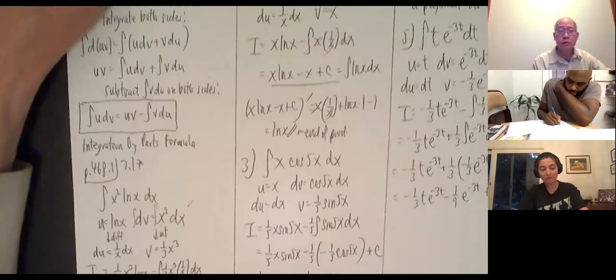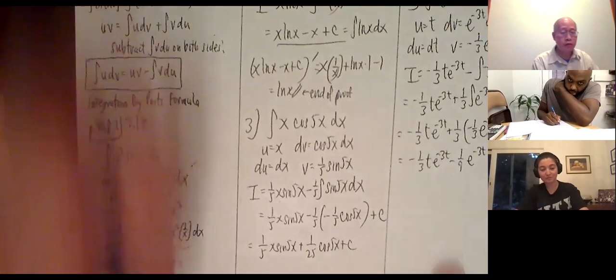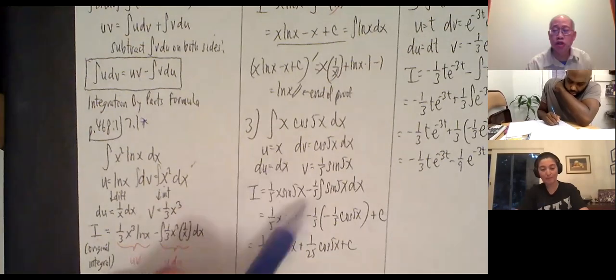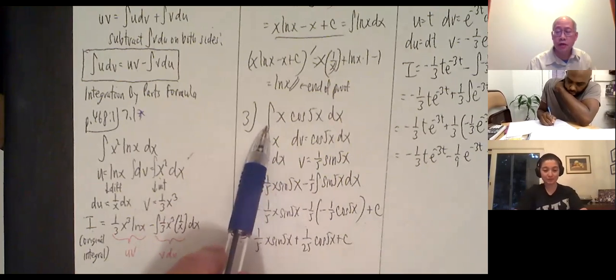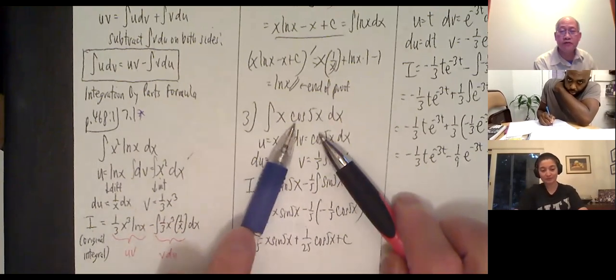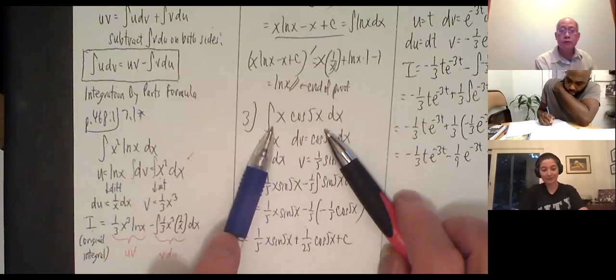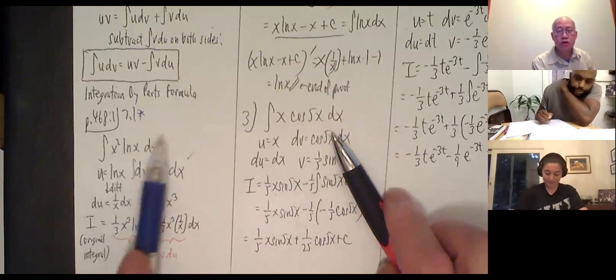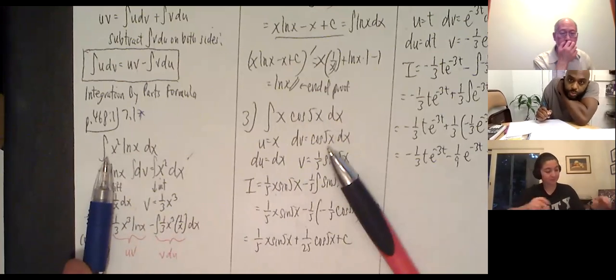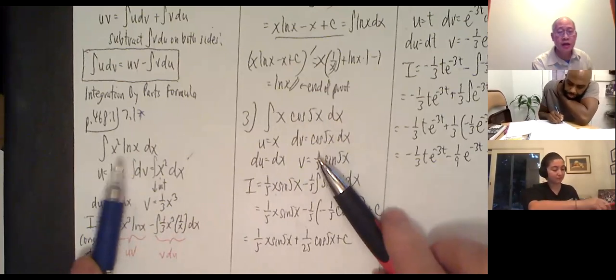Okay, so now let's do some more problems with integration by parts. Number 3, and I should have checked these. These should all be matching the 8th edition. Okay, x cosine 5x dx. Just like over here, it seems like you have two choices. And how do you know?